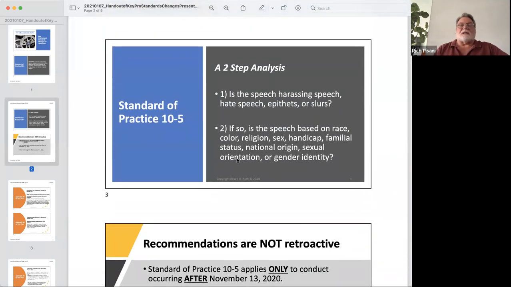Now, there's a two-step analysis as to whether somebody who is accused of doing this has actually done it. The first step: is the speech harassing speech, hate speech, an epithet, or slur? The second: if so, is the speech based on those protected classes?